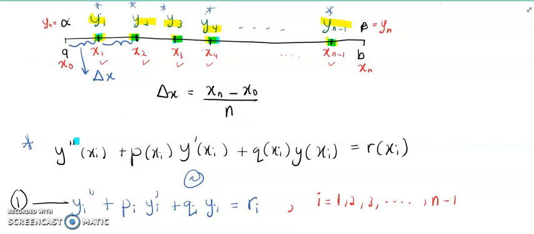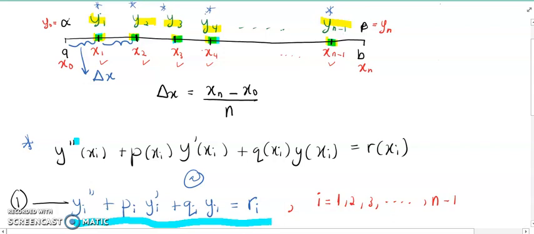This equation also can be written as yi double prime plus pi yi prime plus qi yi equals ri. The i value refers to the interior nodes where i equals 1, 2, 3 until n minus 1. In this illustration here, these are the interior nodes. I name this equation number 1.